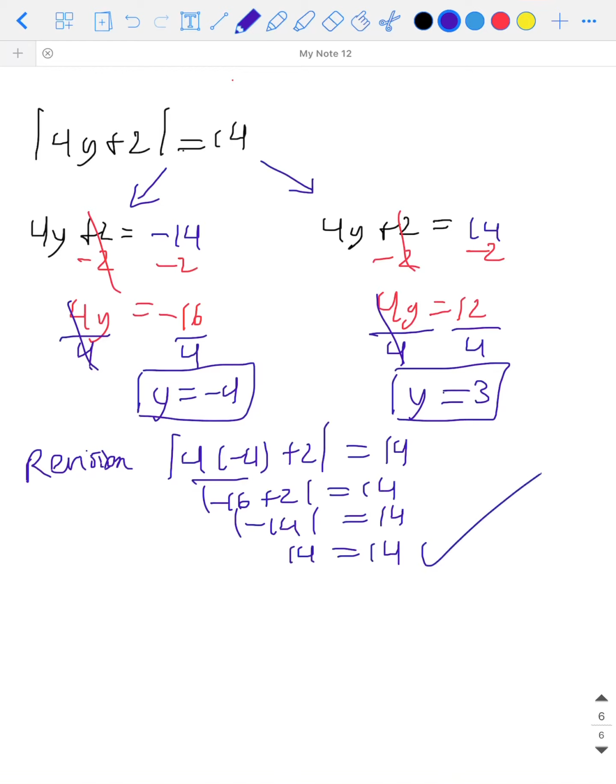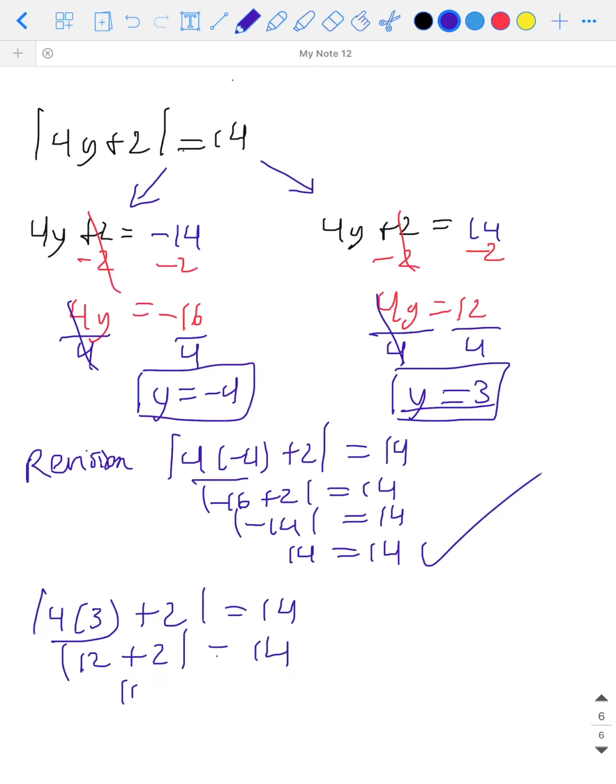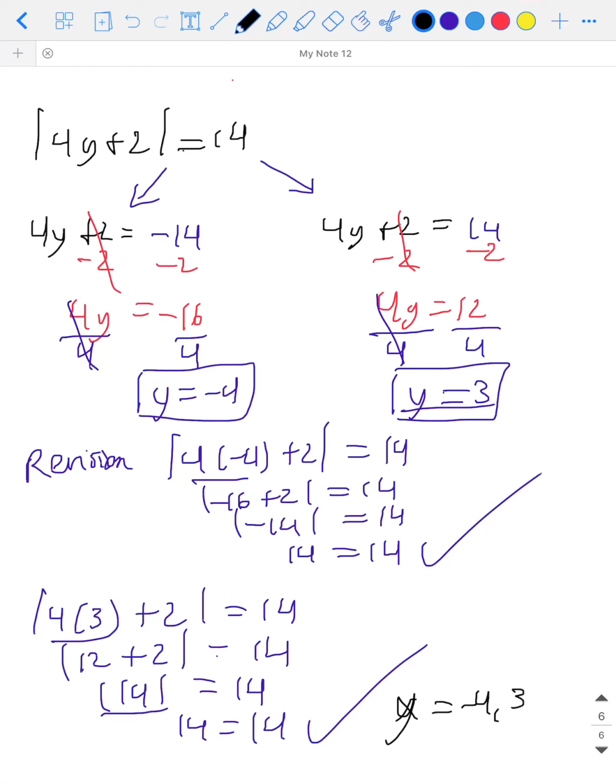We can also do the same thing with the 3. 4 times 3 plus 2 is equal to 14. That is 12 plus 2, 14. Take the absolute value, which is 14 is equal to 14, which is a true statement. So therefore, you will have two solutions. y is equal to negative 4, comma 3.